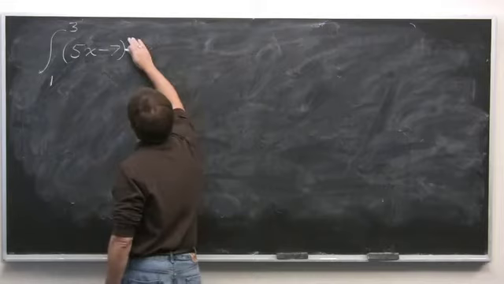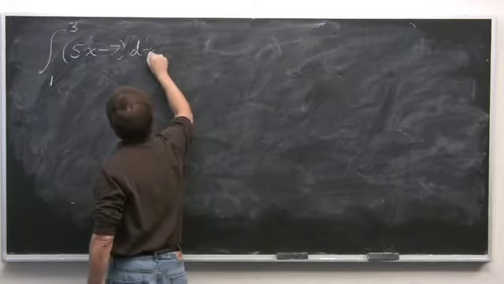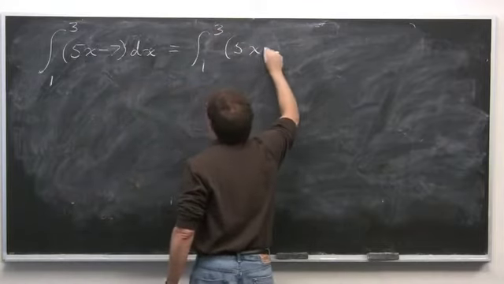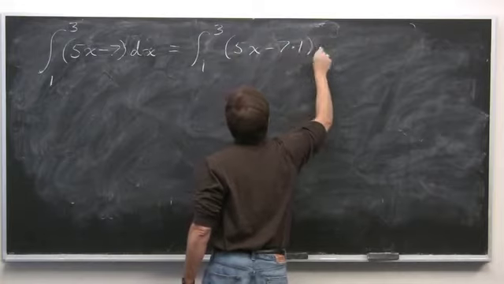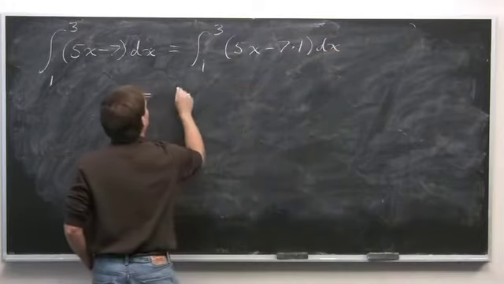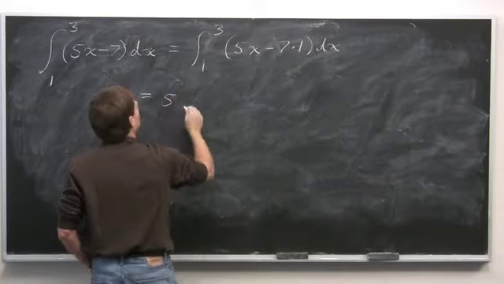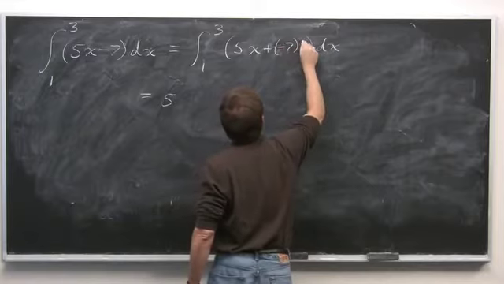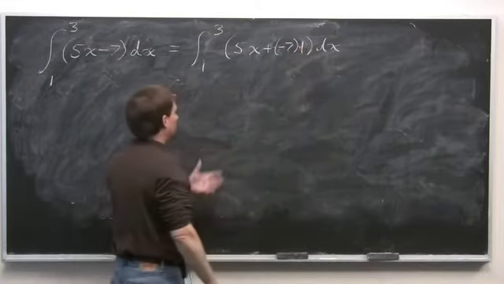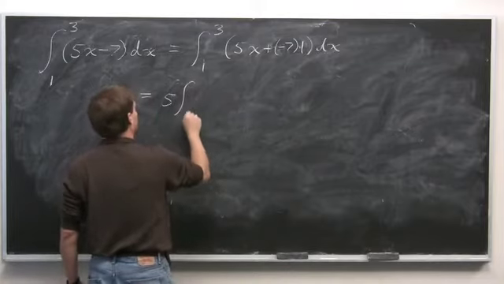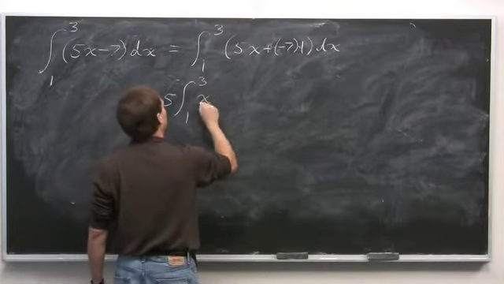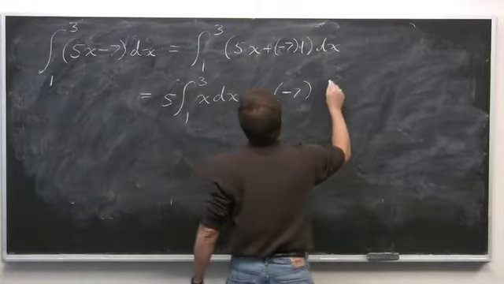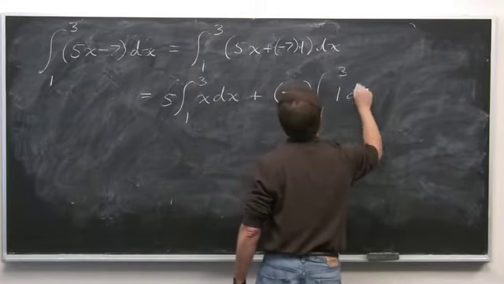Actually, let me rewrite it. I'm going to think of that integrand as 5x minus 7 times 1 dx, as plus a negative 7 times 1. You split up the sums, you pull out the constants, you get 5 times the integral from 1 to 3 of x dx, plus negative 7 times the integral from 1 to 3 of 1 dx.